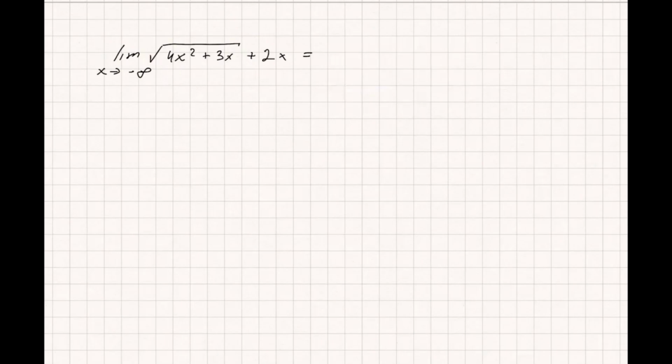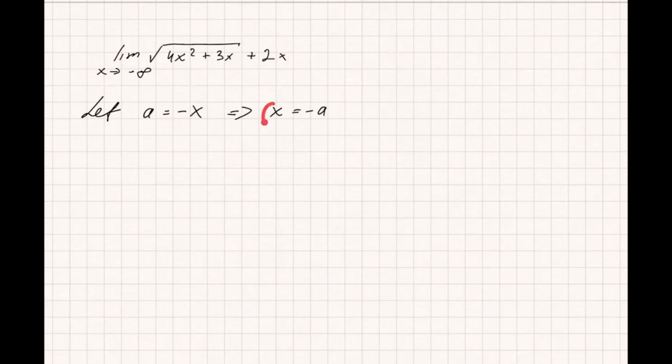So what is the limit in this case? Sometimes it's easy to multiply by the conjugate. However, first, let me make a substitution. I want all of that to go to positive infinity. So let's say a is equal to negative x. Then x is equal to negative a.